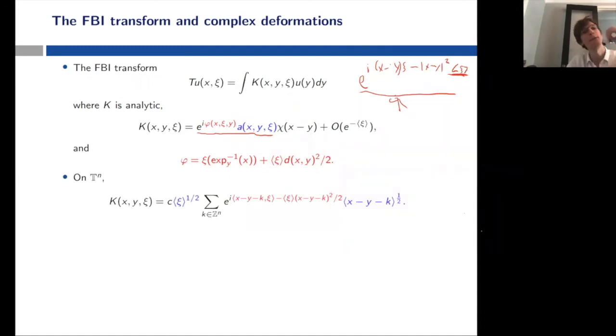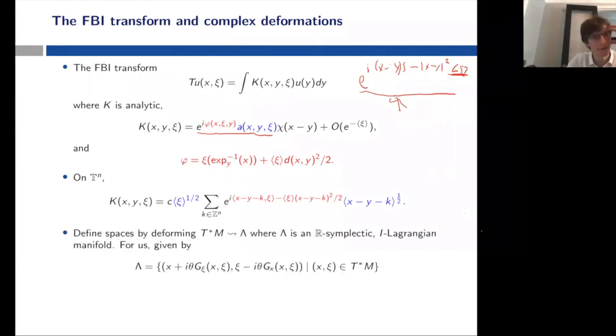If you want to do this on the torus, you can write one down explicitly. It just amounts to summing the one on R^n over the lattice. And so what you end up doing is you take this FBI transform T. You have to understand that it has nice properties.